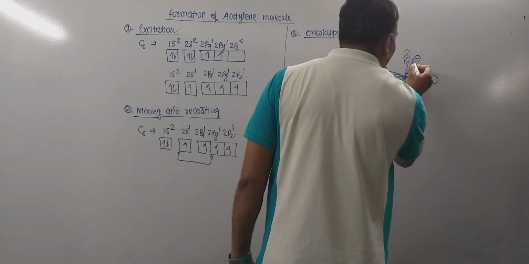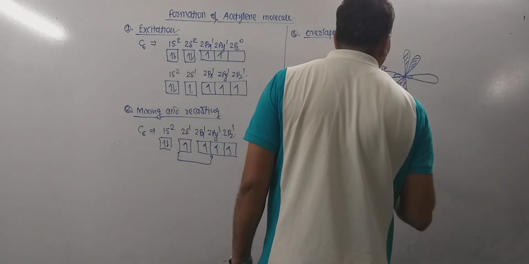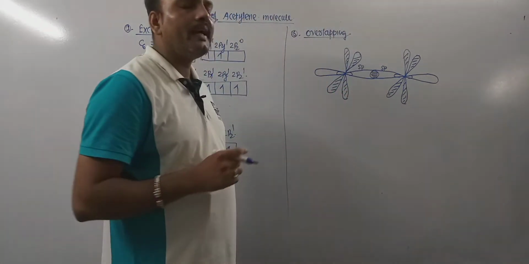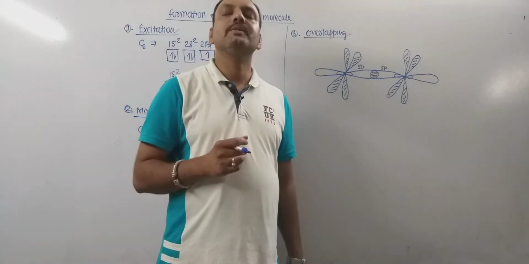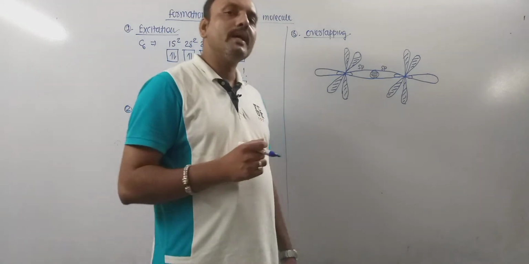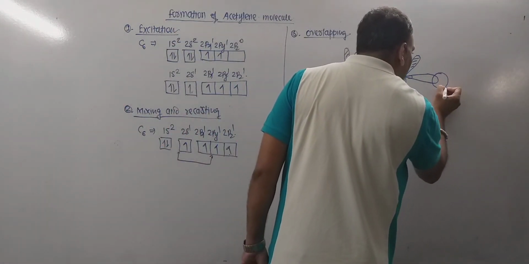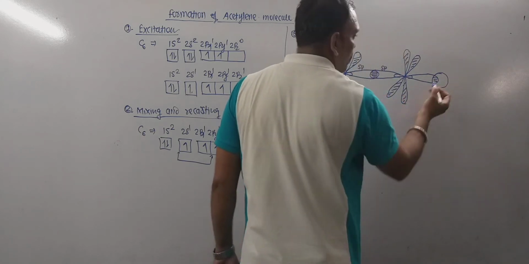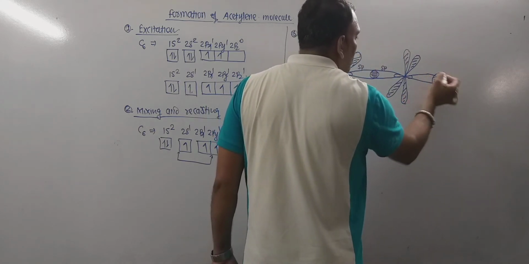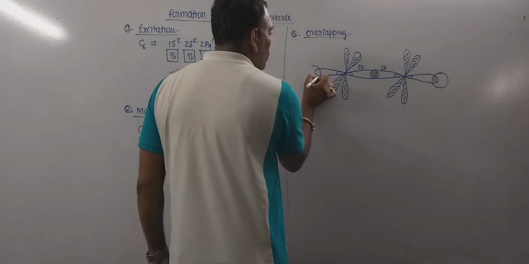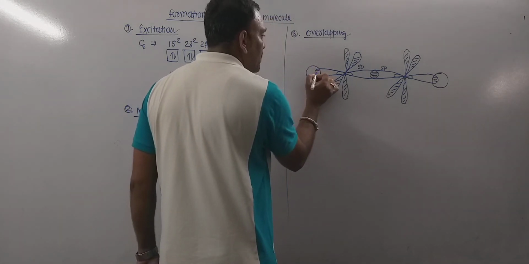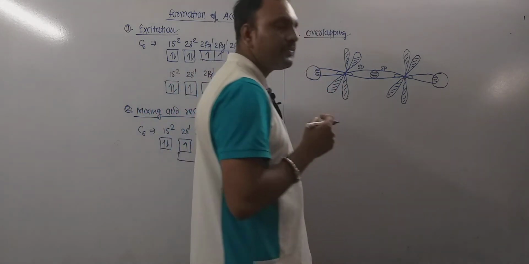Now it's the turn of hydrogen. We know very well the atomic number of hydrogen is 1 and its electronic configuration is 1s1. So two hydrogen atoms, with their spherical s orbitals, overlap with the sp hybrid orbital of both carbons. Due to sp-s overlap, two C-H sigma bonds are formed.